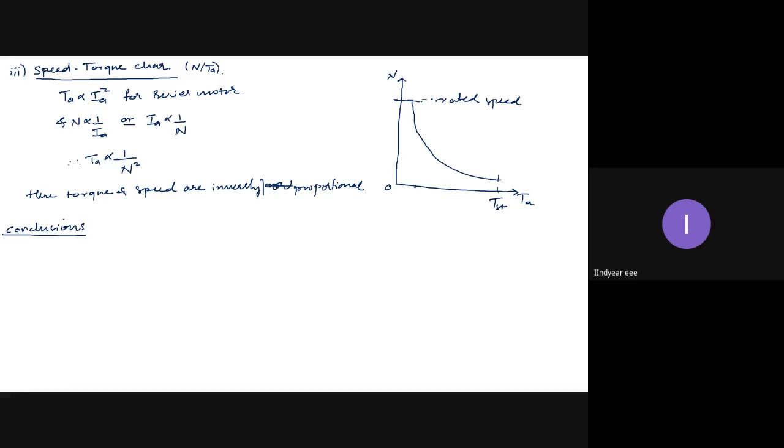So the conclusions are: first point, from the first characteristic, as TA is proportional to Ia square, starting torque is high.